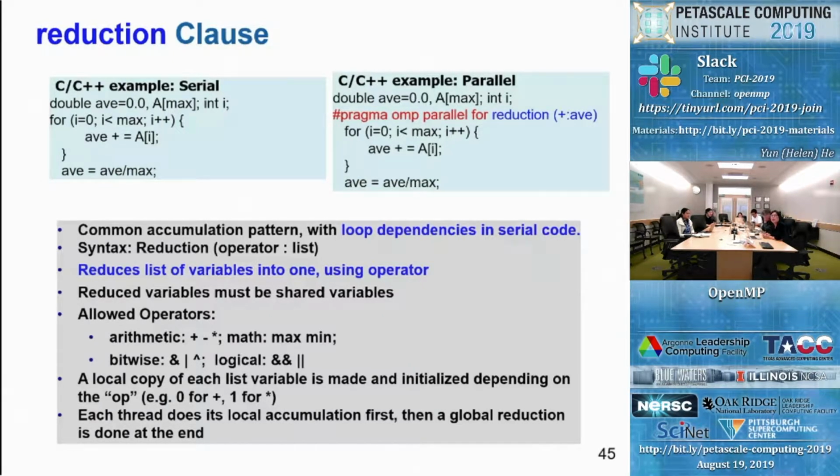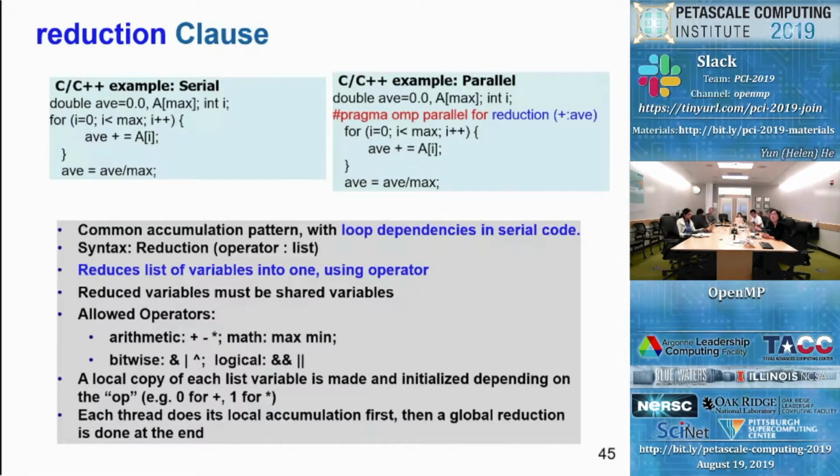There are already defined arithmetic operators: plus and minus, times (multiplication), max, min, etc. And then it would choose a local initialized value for each local private variable. For a sum, the initialized value will be 0. And if it's a multiplication, the initialization value will be 1. So that makes sense when you add them together.